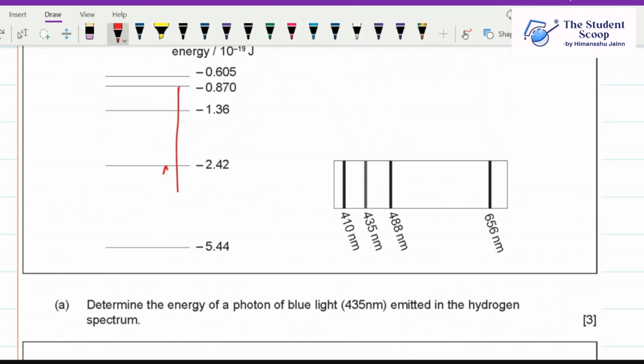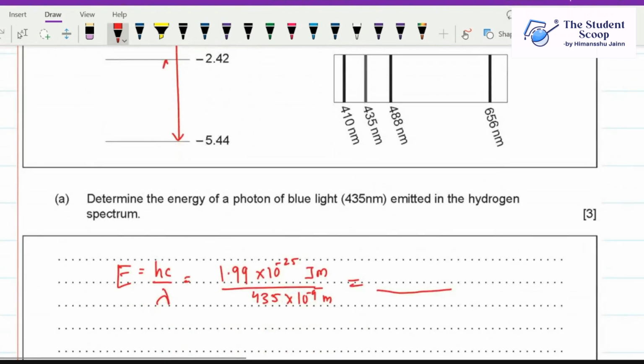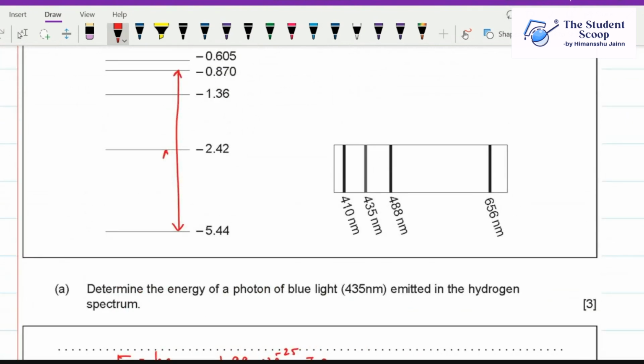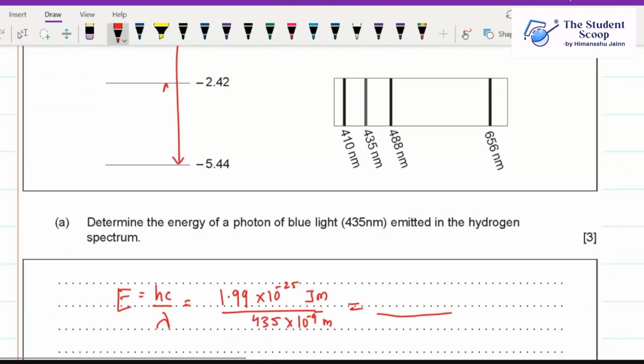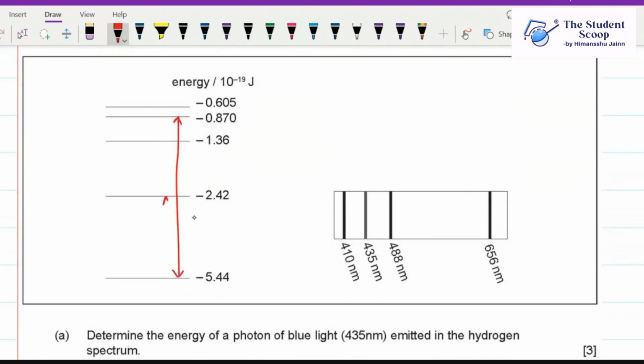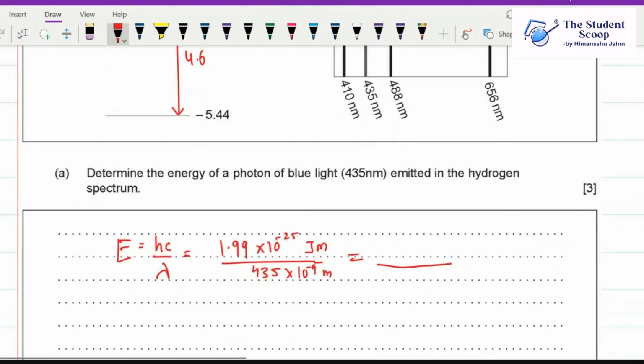4. So these two energy levels are much closer. Okay, the differences are roughly around 3.7 or 3.8. So the transition from 0.87 to 5.44, the difference, whatever we will take, that will be our answer for this. Which is roughly around, I think, 4.6 something. So this is also 4.6 times 10 raised to minus 19.